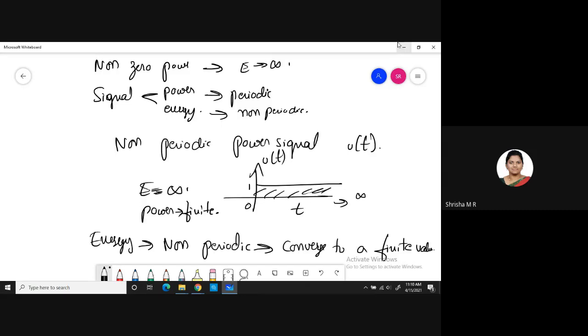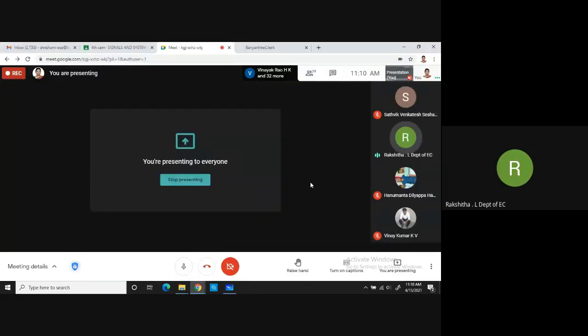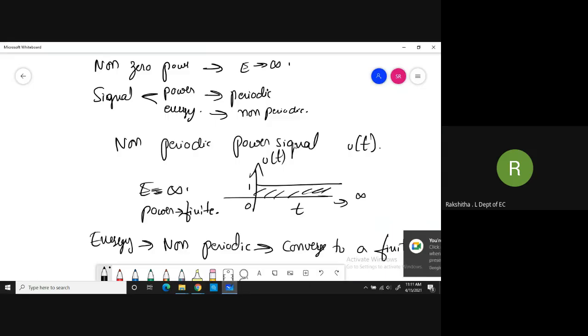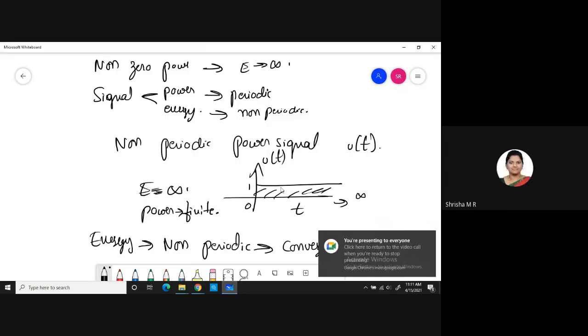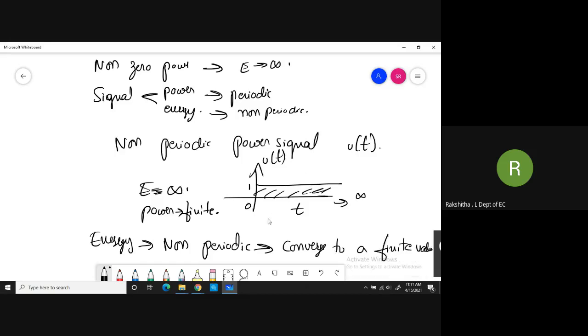Clear? Ma'am, above you have also written non-periodic power signal? Yes, this is a non-periodic power signal. Below you have written energy signals as non-periodic signals? Yes, energy signals are non-periodic signals, but power signals might be periodic or non-periodic, with only one exceptional case, that is the unit step. Clear? Okay, ma'am. So energy signals are non-periodic.